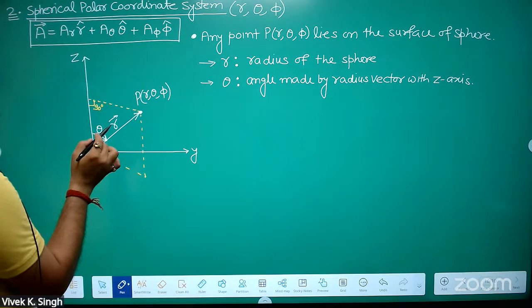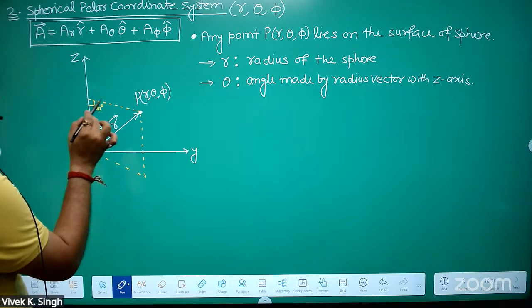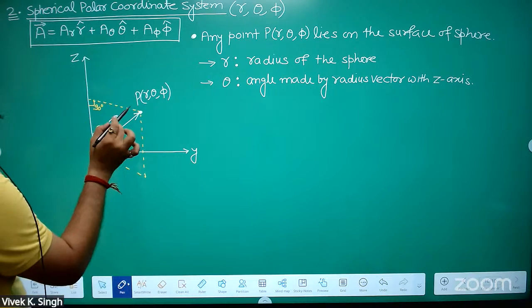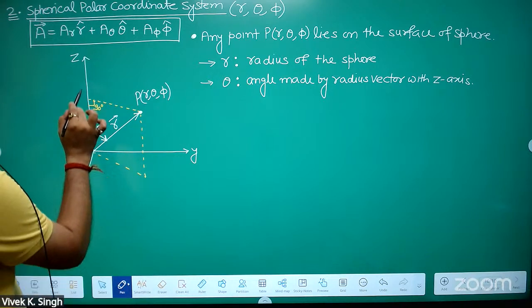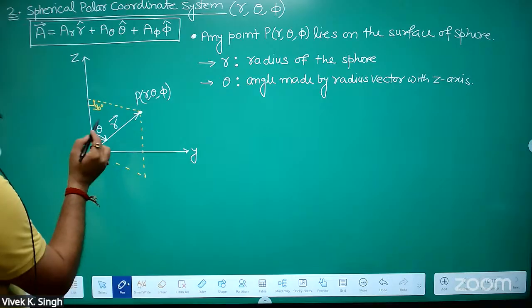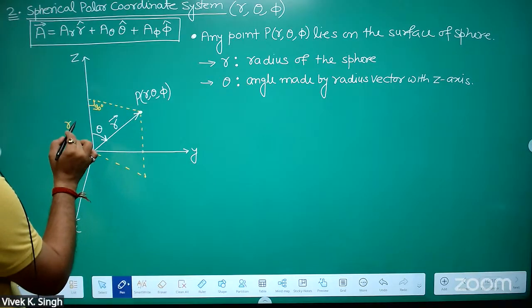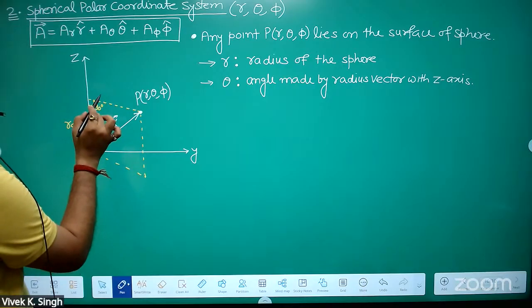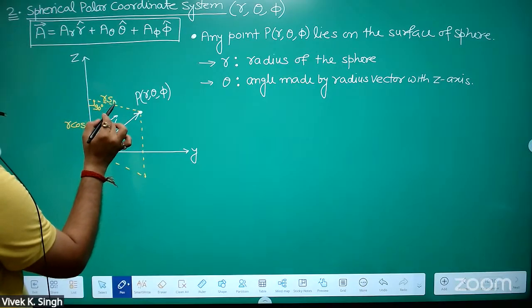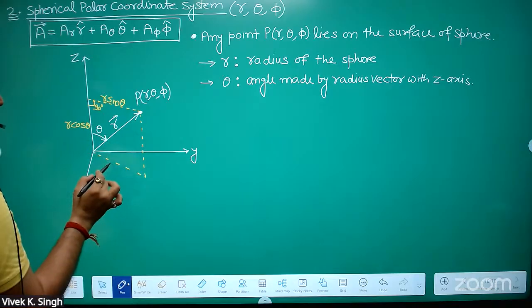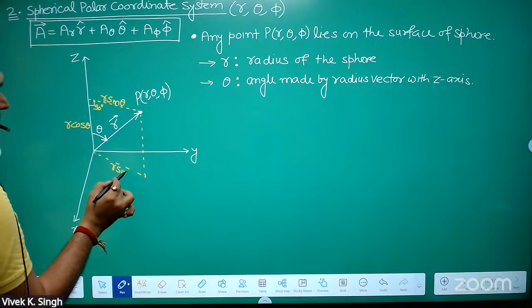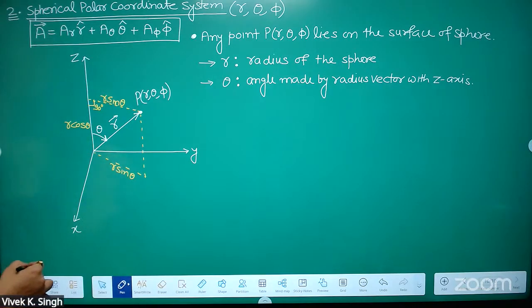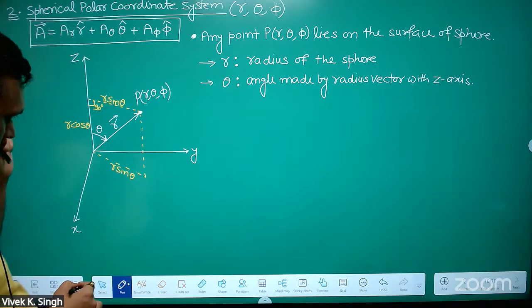What is the projection of r along z? Consider this triangle. This is perpendicular, so the angle between z and r is theta. The projection along z will be r cos theta, and the projection in the perpendicular direction is r sin theta. Is it clear?